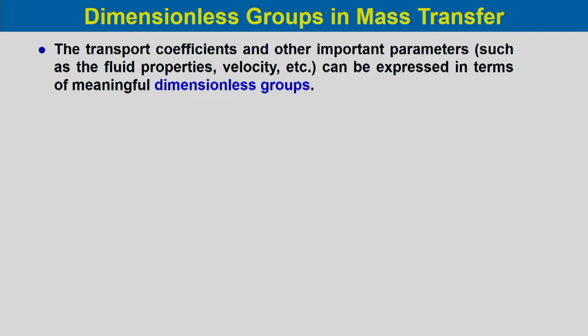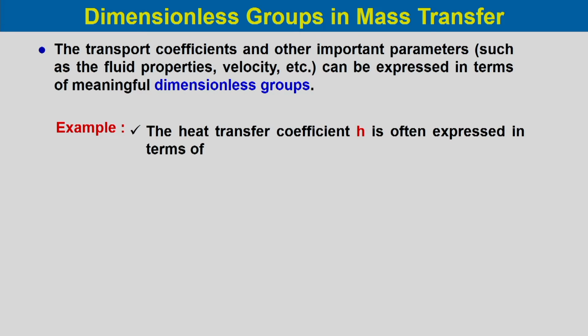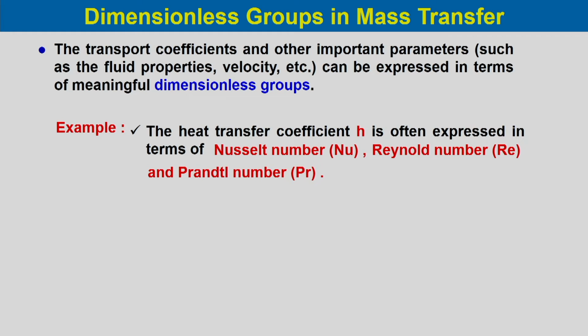The transport coefficient and other important parameters such as fluid properties, velocity etc., can be expressed in terms of meaningful dimensionless groups. So, for example, the heat transfer coefficient h is often expressed in terms of the Nusselt number and also Reynolds number and Prandtl number.